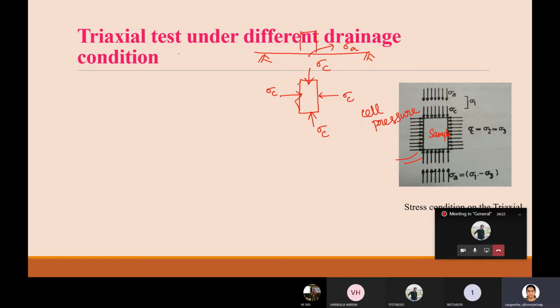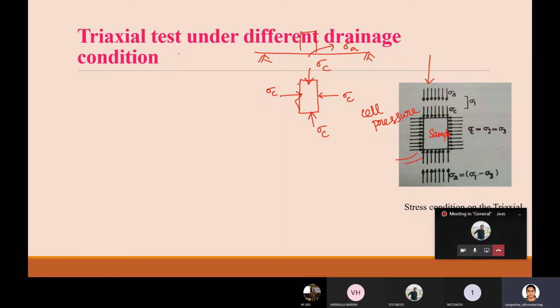See, once the superstructure is being constructed, additional axial stress will act on the soil element. In the same way, to simulate this in the triaxial test, deviator stress is applied through the soil sample. Pressure is applied in the vertical direction in your loading frame, so that stress is called axial stress.